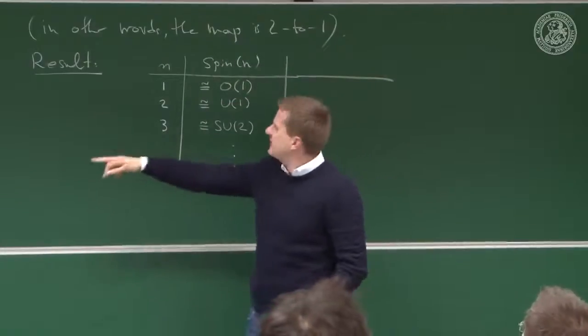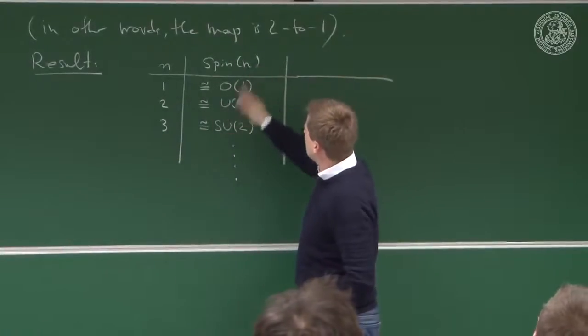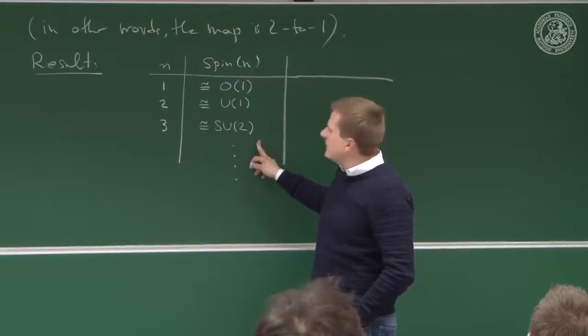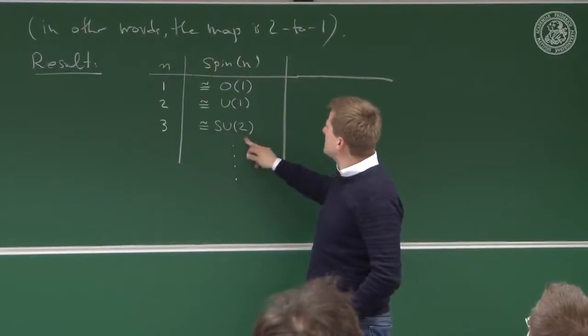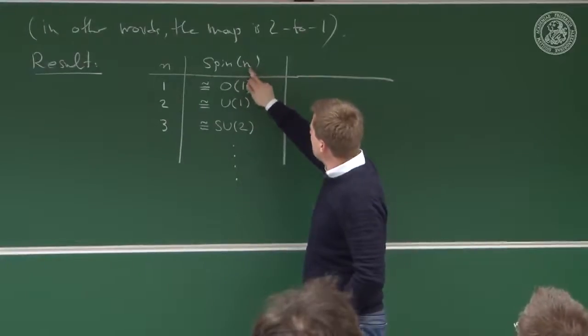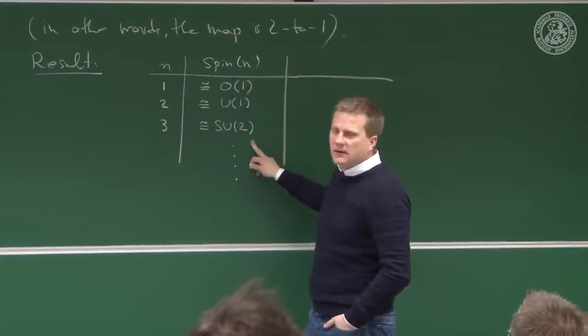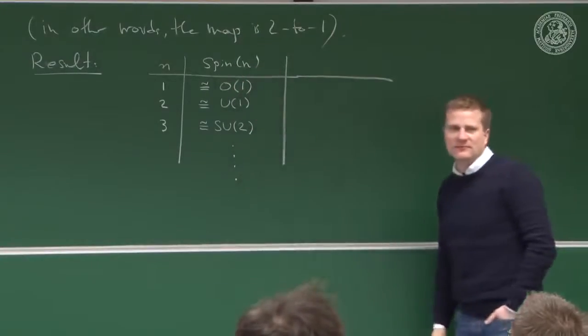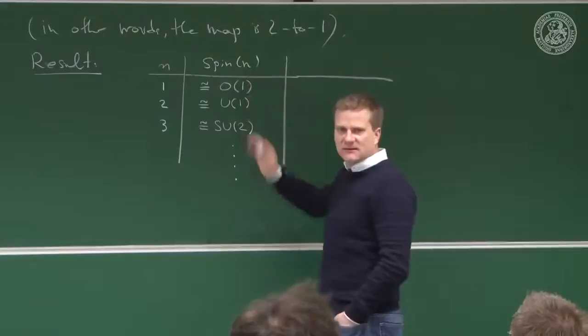So this seems like a complicated definition, but as soon as we understand this, we can of course work with this as usual. So if people say SU2 is the spin 3 group, you know it's SU2. If somebody talks about U1, you would know it's spin 2. Maybe they use it in another context, but that's the case.